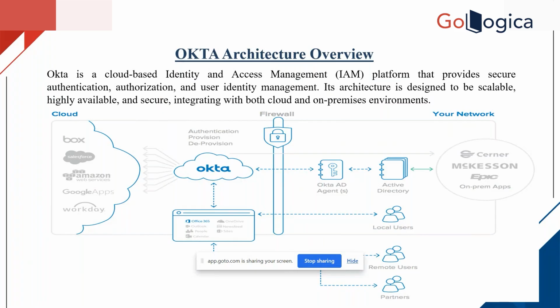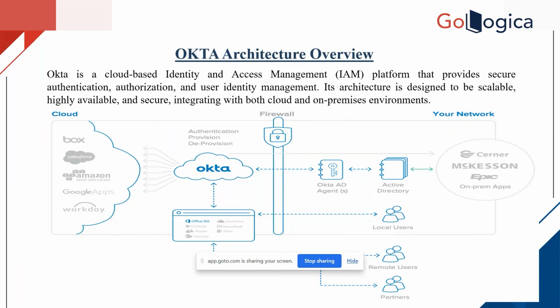And on the left-hand side we have our Okta, which is the cloud side. On the right-hand side we have our network, meaning the on-prem side. The left-hand side is completely on the cloud.